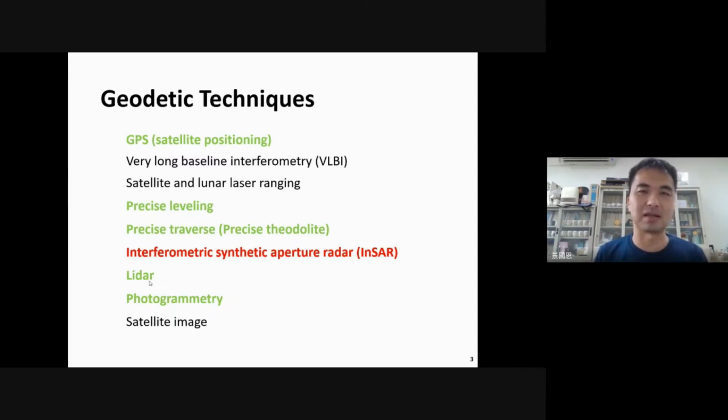It is not a specific point, and that is very important for us to understand the real motion of a specific point. So that's the reason. Basically, we prefer to use GNSS, leveling, and InSAR.